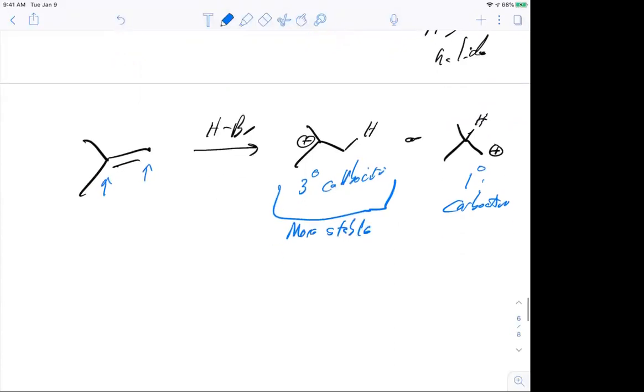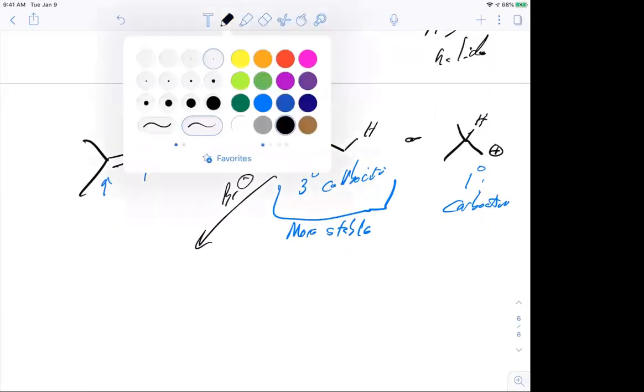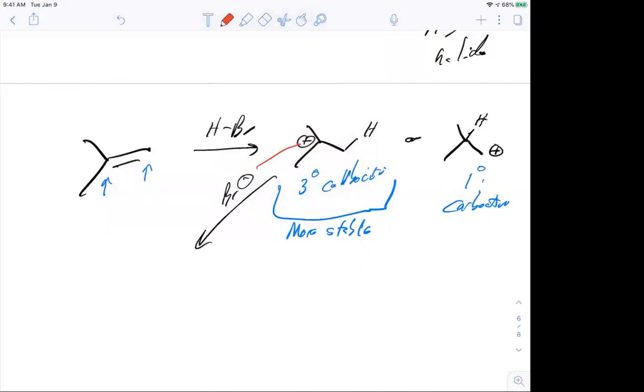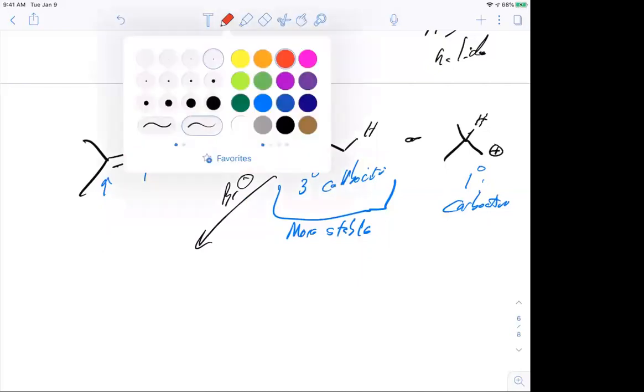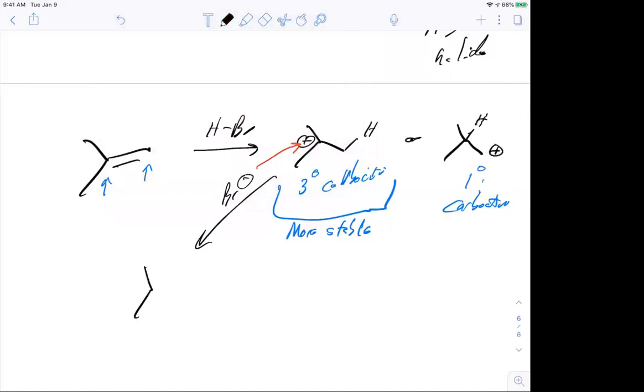The primary is going to be very unstable, so the tertiary is going to be my stable one, which means it's actually this one that the bromine comes in and reacts with. Okay. Giving me this product.